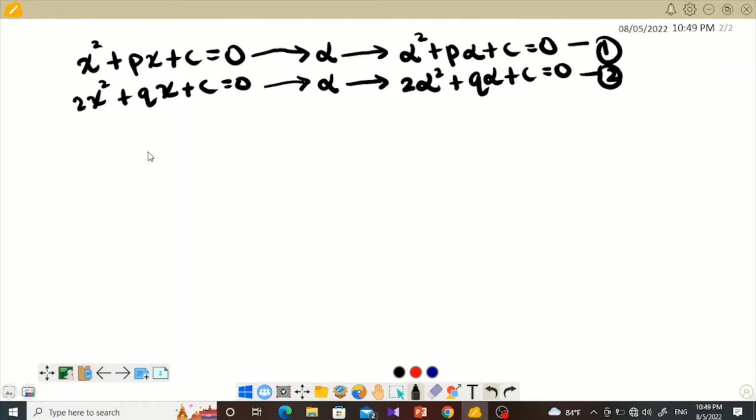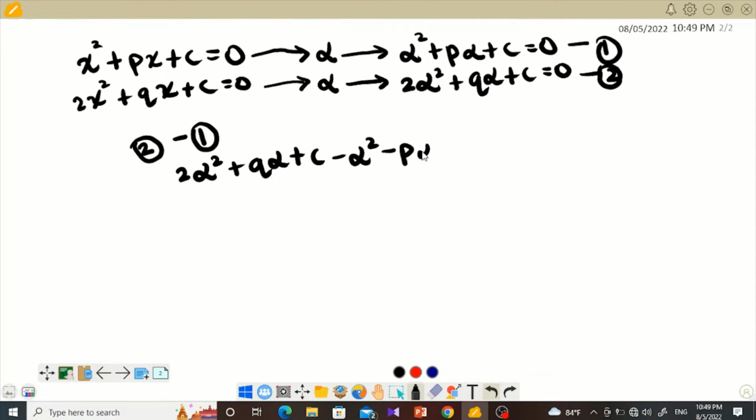So I am taking 2 minus 1, subtracting the first equation from the second. Then 2 alpha squared plus q alpha plus c minus alpha squared minus p alpha minus c equals 0. I am going to simplify this. 2 alpha squared minus alpha squared is alpha squared.